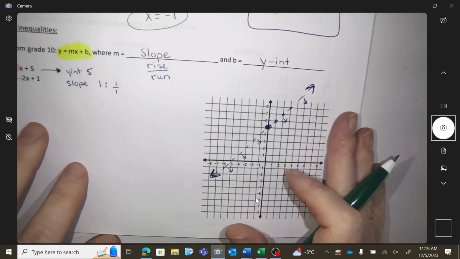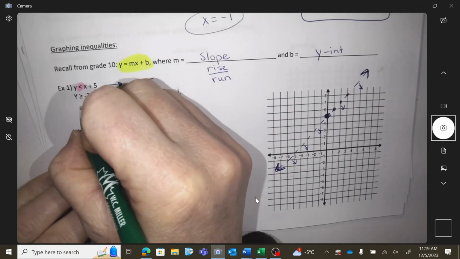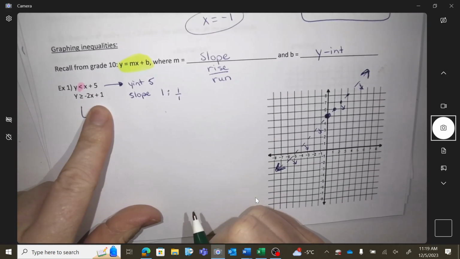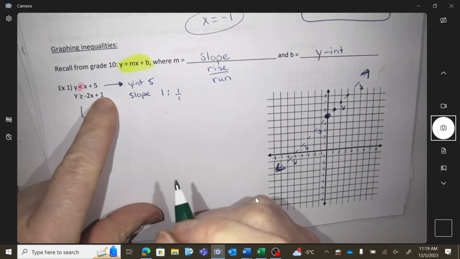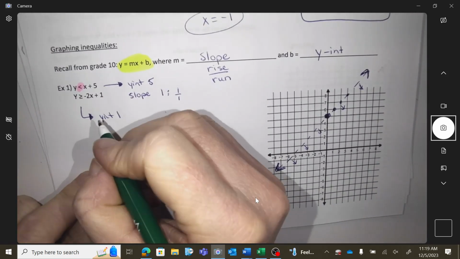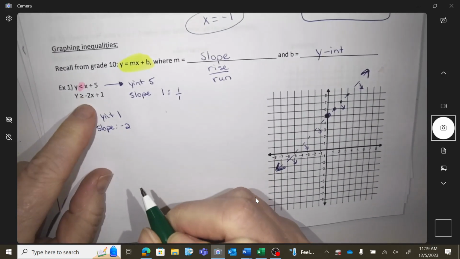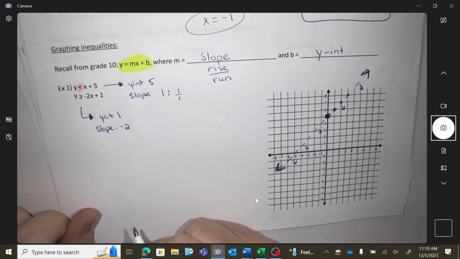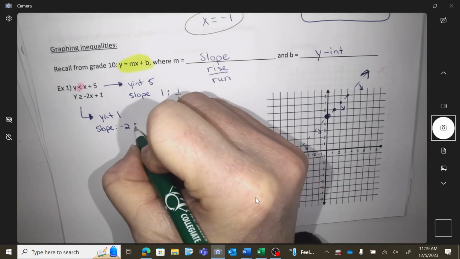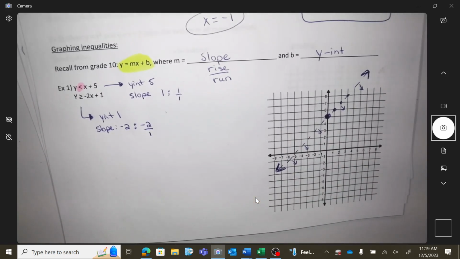Okay, so now we're going to graph the other one. What do I know about this line? The y-intercept is 1. And the slope number is -2. But as a slope, you always want to write it as a fraction. So -2 over 1.